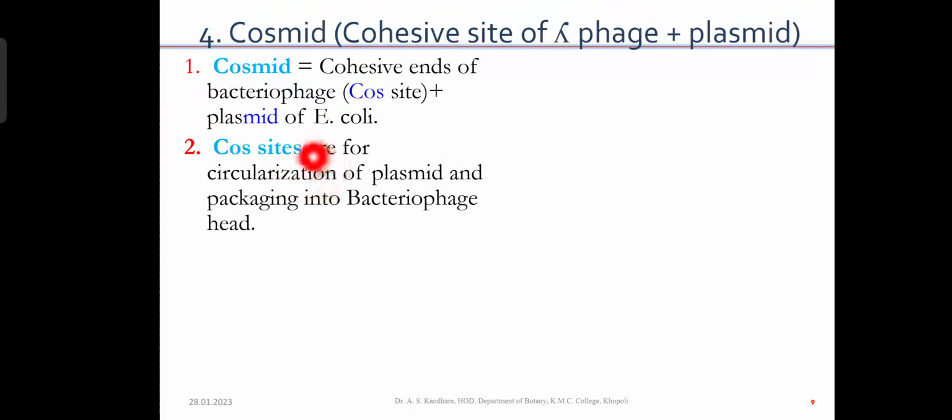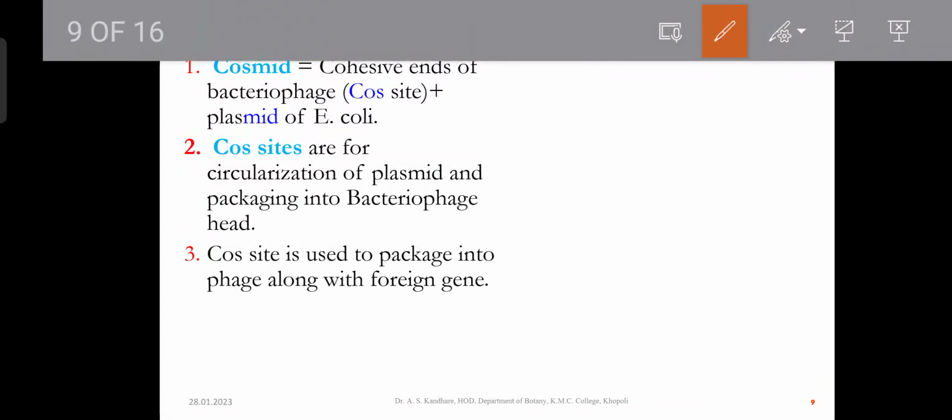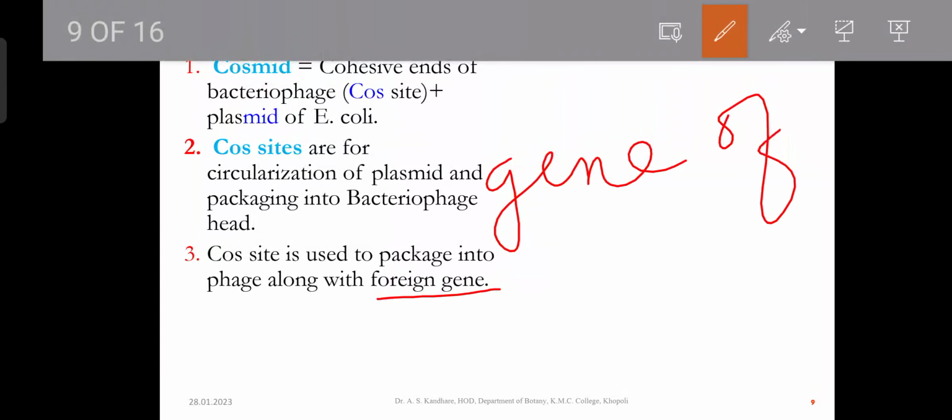So we are using this viral infectivity to bacteria in our rDNA technology through these cosmids. The cos site is used to package into phage along with the foreign gene. That foreign gene means gene of interest.